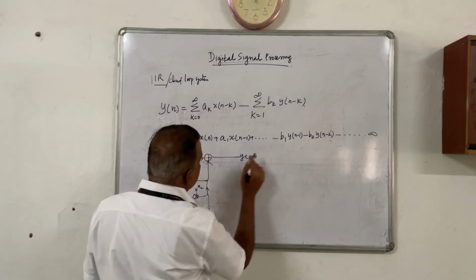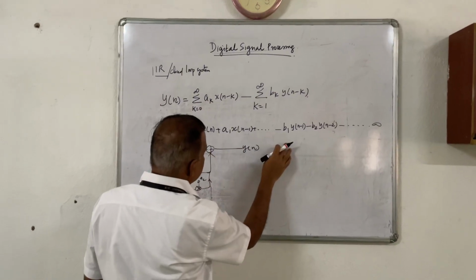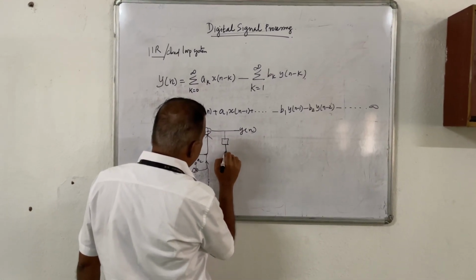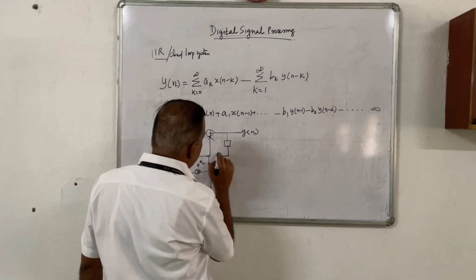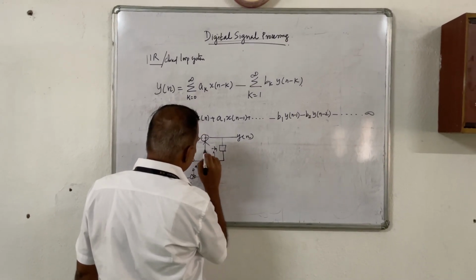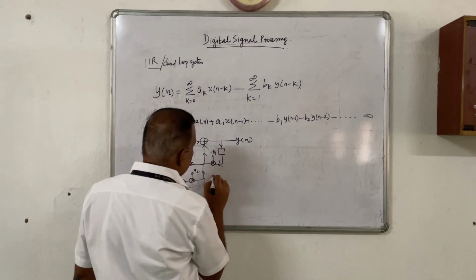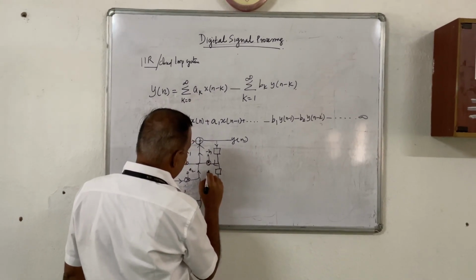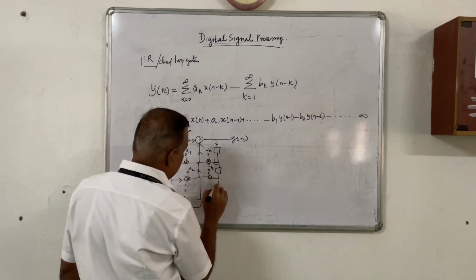Here y of n minus 1 is delayed by one unit and multiplied by minus b1, and again delayed by one unit and multiplied by minus b2, and so on.